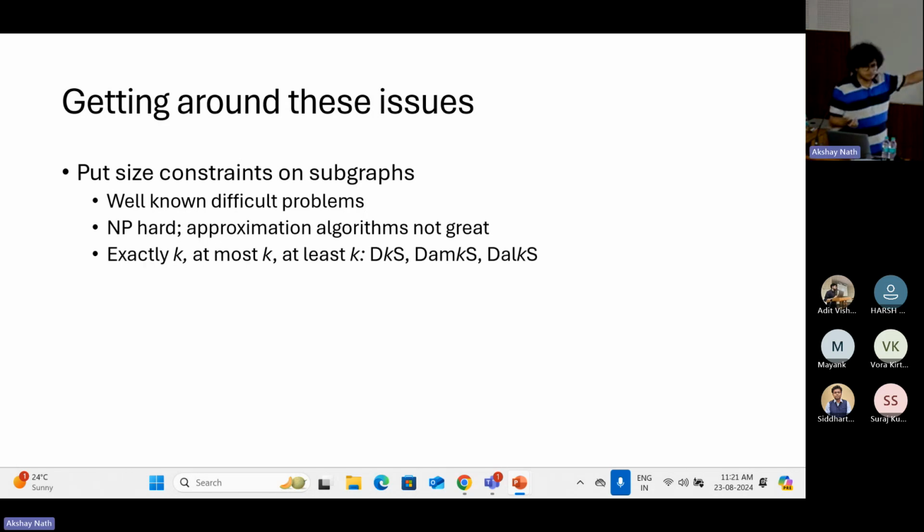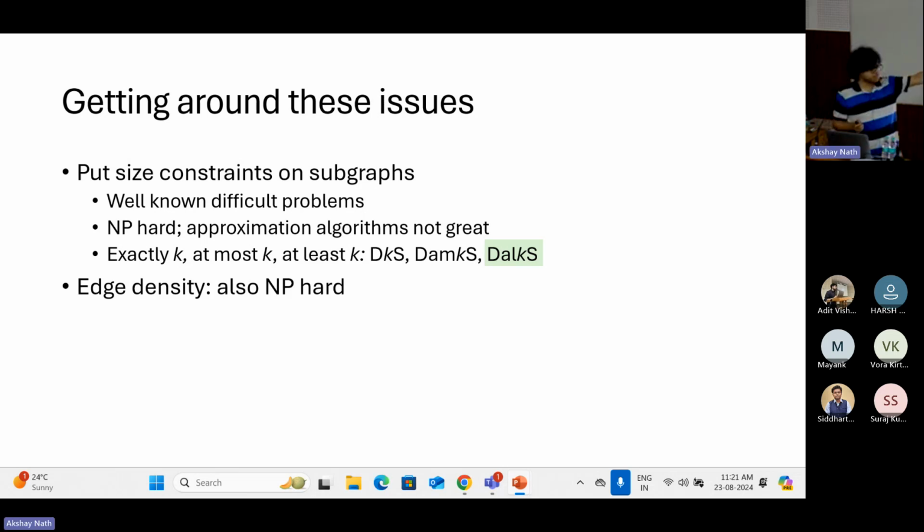I think there are three commonly known variants: densest exactly k subgraph, densest at most k subgraph, and densest at least k subgraph. I think we have constant approximation algorithms for at least k, but the rest are inapproximable to the best of my knowledge. I think at least k is the easy one. There's a 2-approximation for that. The rest I think are inapproximable.